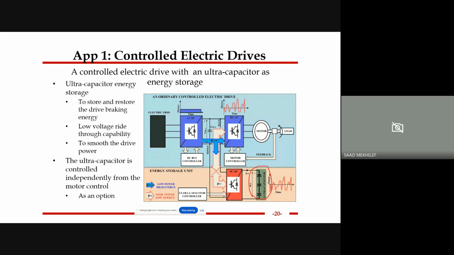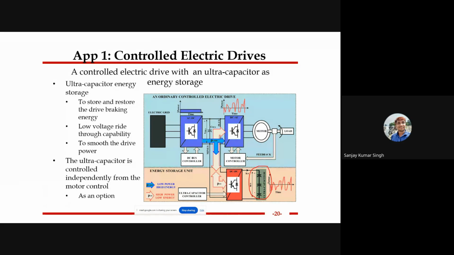But if we can supply a constant power from the grid, the remaining part above or below can be supplied by the ultra capacitors. And during braking, the energy can flow back to the capacitors to recharge. We call this, for example, regenerative braking. This is also used in electric vehicles, by the way.